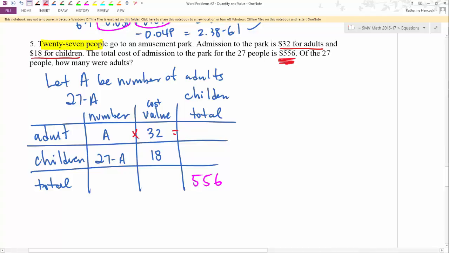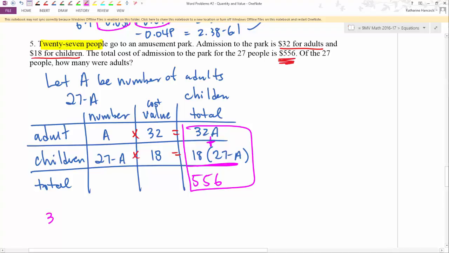So we multiply those. We get 32A and 18 times, in brackets, 27 minus A. And when I add those together, it's going to give me 556.